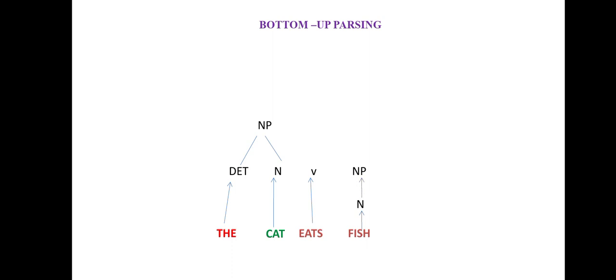The verb and noun phrase put together will form a verb phrase. The combination of this will form the sentence start symbol. That is, we started from the lowest level, the leaf, and approached the start symbol, the root. Leaf to root, that is the bottom-up approach.